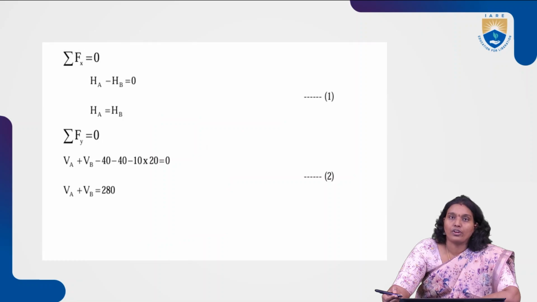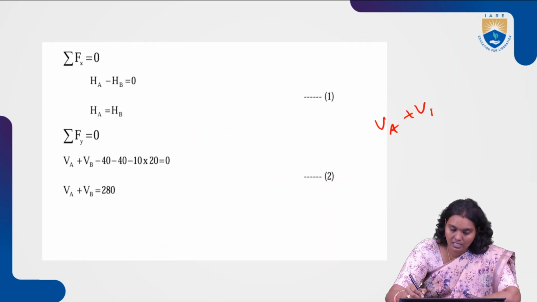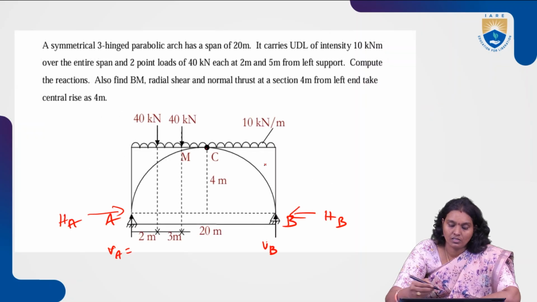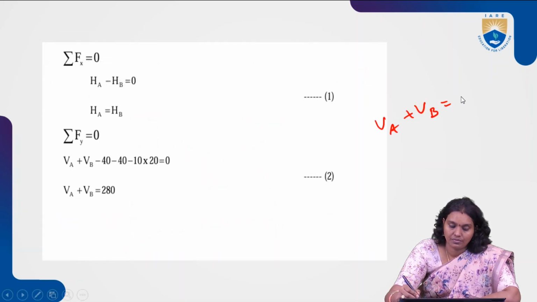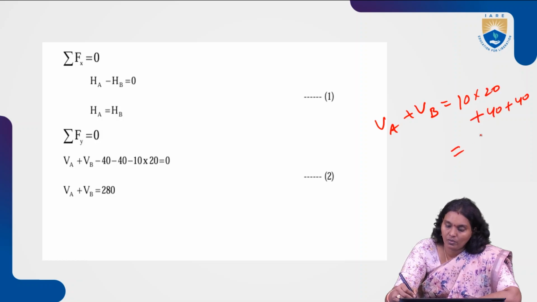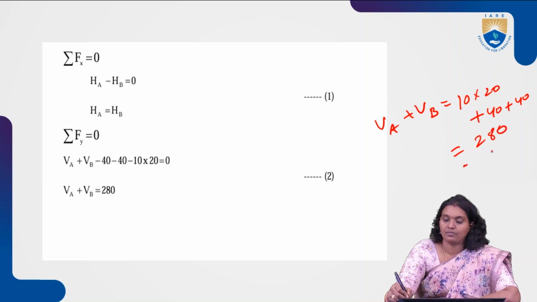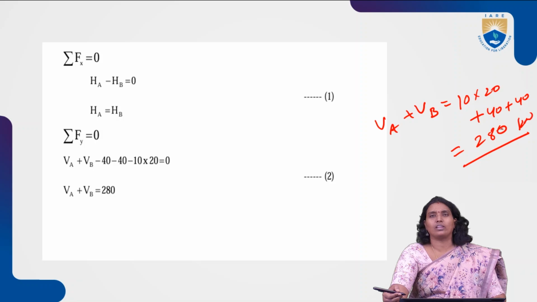So here we are going to find out the total VA plus VB is equal to 10 into 20 plus 40 plus 40, that is equal to 80 plus 200, 280. This is the total vertical load.